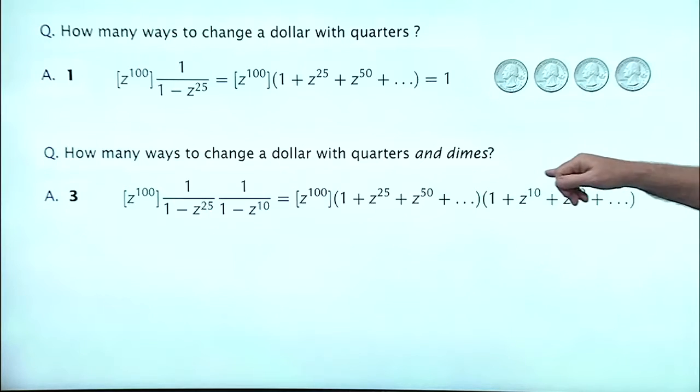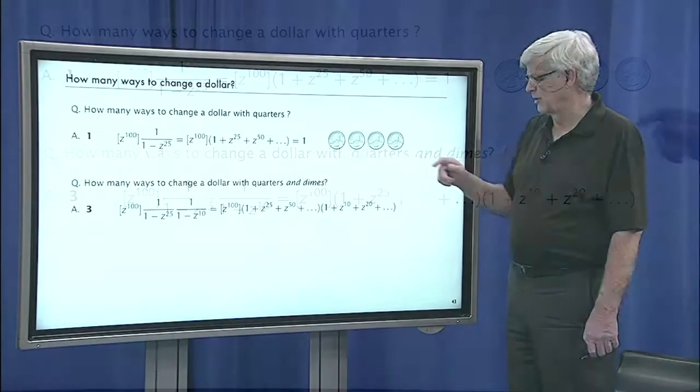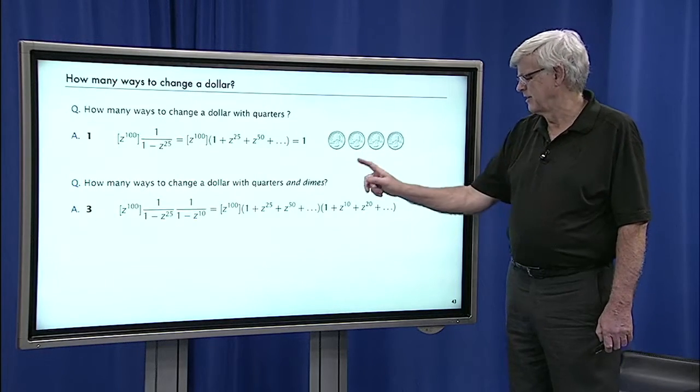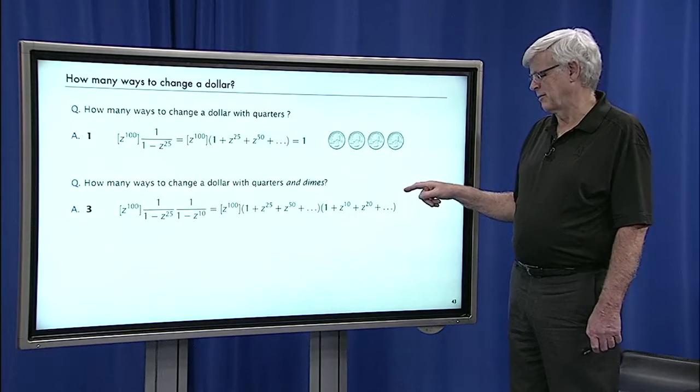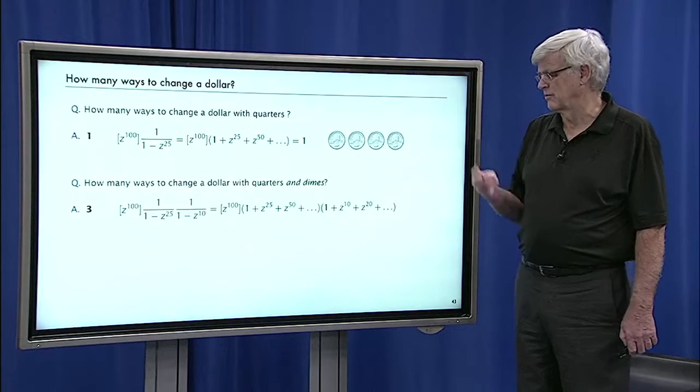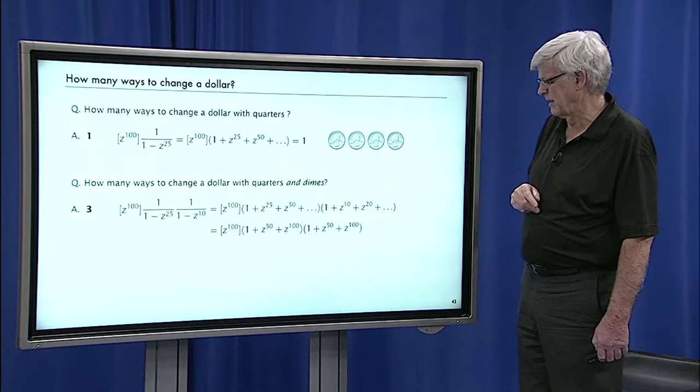So if you multiply out those power series and look for the coefficient of z to the 100, you're going to see there's the 1 times a z to the 100th out here. There'll be 2 z to the 50ths multiplied together, and then there'll be a z to the 100th in this one times that one, so there's 3 different things.